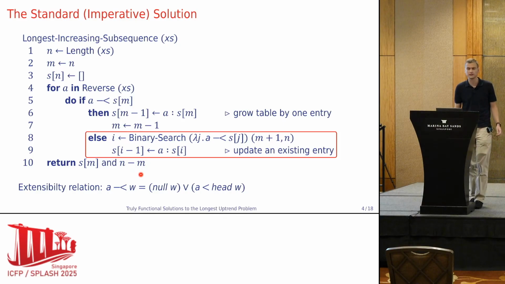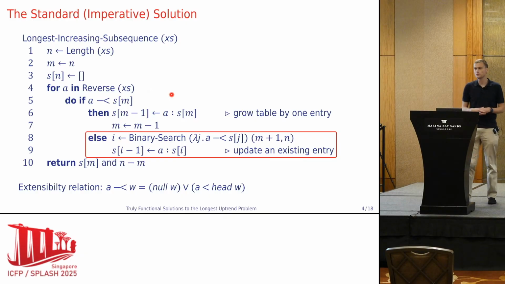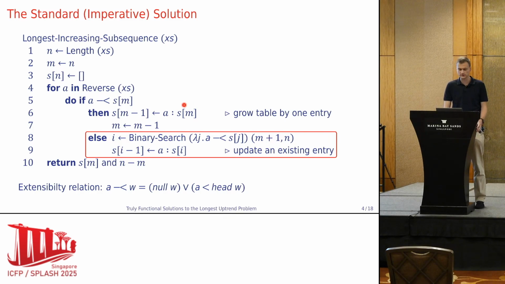The main logic happens inside this for loop, where we go over all elements in reverse order. What we basically want is to extend an upsequence that we are given. So in case we can extend the longest found upsequence so far, we do this.